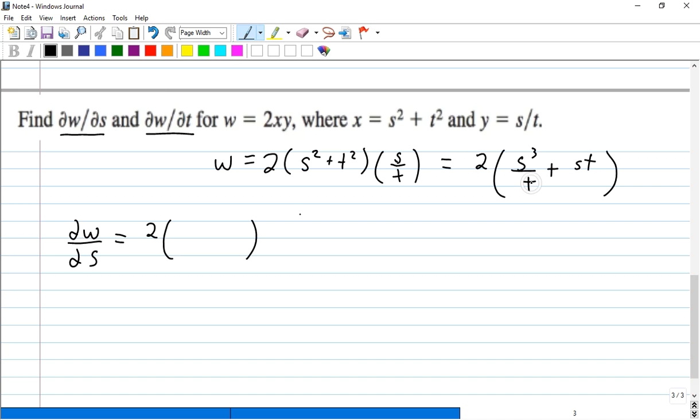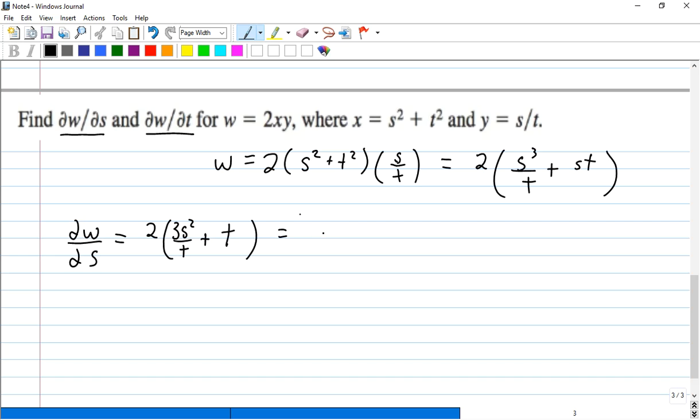So don't worry about the quotient rule. You just do the power rule. So that's 3s squared, and then the t stays in the denominator because it's a constant, plus the derivative of st with respect to s is what? Just t. So that's the answer. Now that's not the most simplified answer.